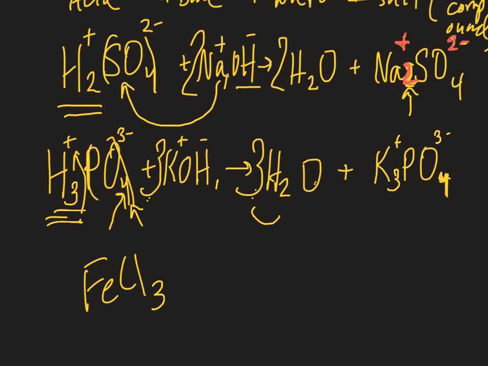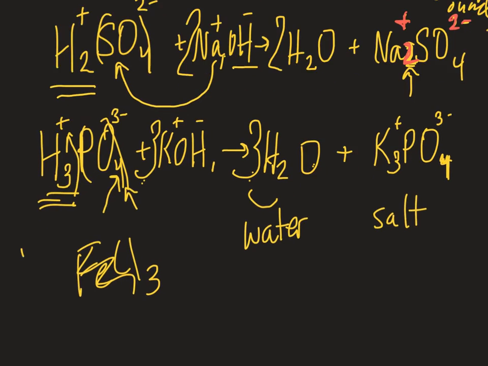And 3 potassiums on the left, 3 potassiums on the right have balanced my equation. And I've also followed that paradigm that we started with, that acids and bases create water and a salt. The water, H2O, and the salt, an ionic compound, K3PO4.